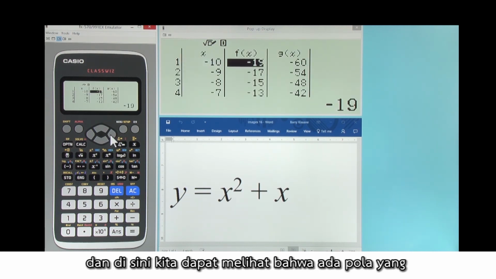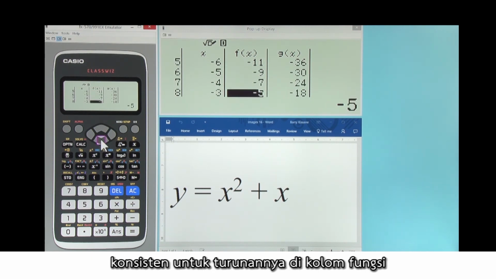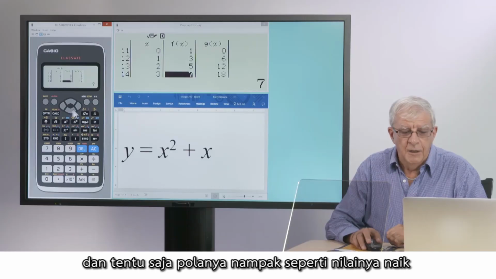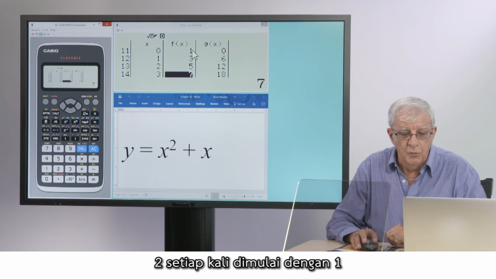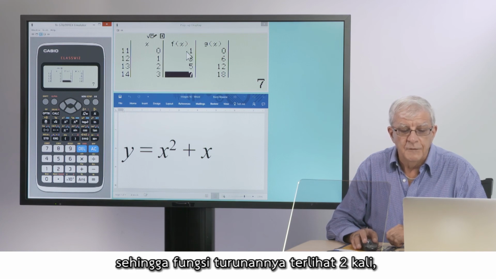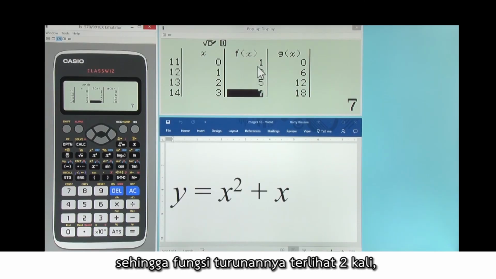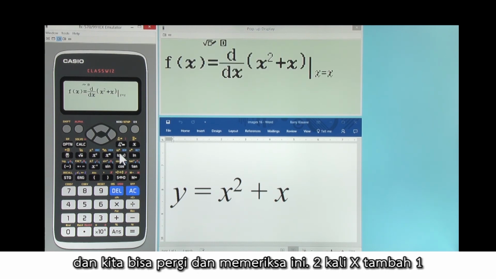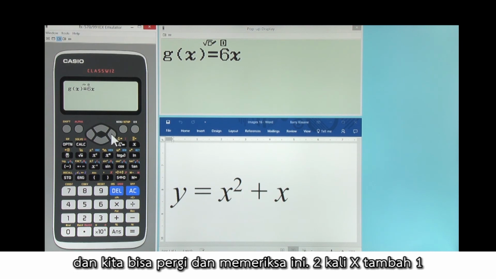And here we can see that there is a consistent pattern for the derivatives in the function column. And certainly the pattern seems to be that the values are going up by 2 each time, starting with 1. So the derivative function looks as if it's 2 times, and we can go and check this, 2 times x add 1.